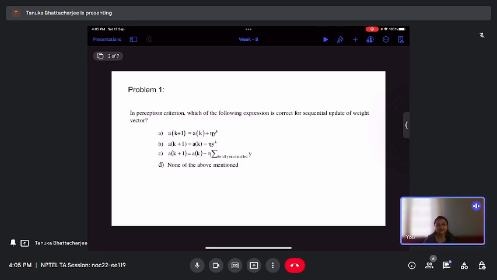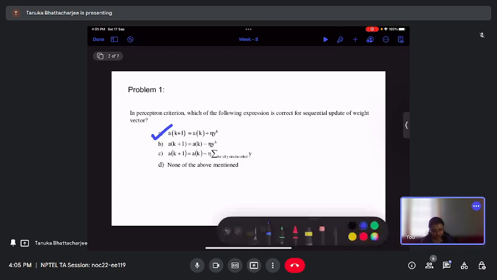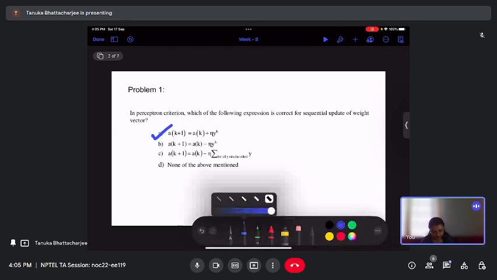We have appended one at the end of the original feature vector, and also multiplied it by minus 1 for class omega 2. If we are considering two classes, then for one class we are considering the original feature vectors, and in the other class we have multiplied them by minus 1. So this is the actual update rule for perceptron criteria.